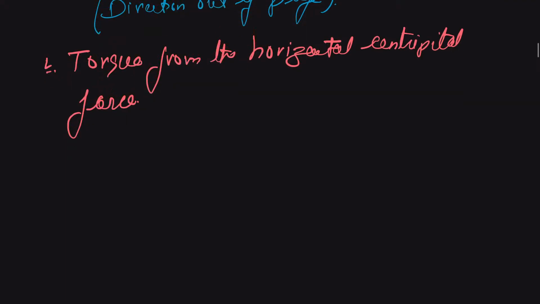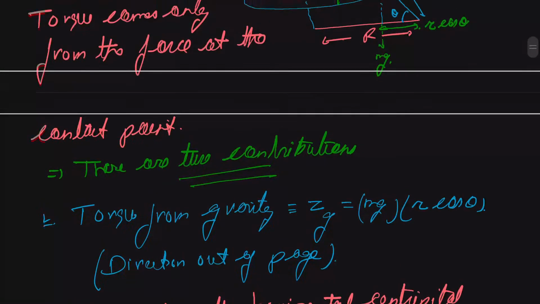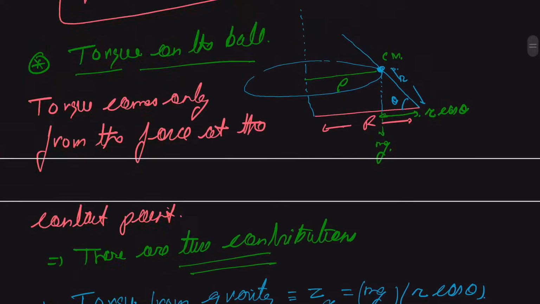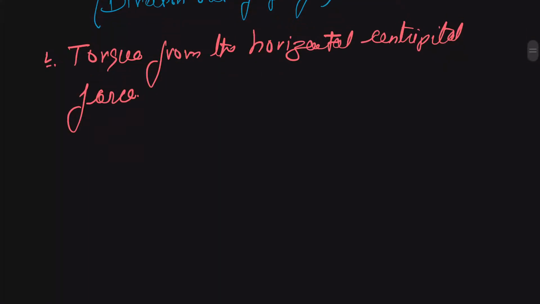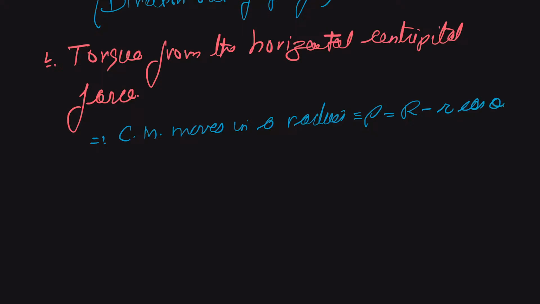And first of all, we are going to find out the radius of the center of mass. So radius center of mass we have assumed at rho, and this rho will be equal to R minus r cos of theta. So we can say that center of mass moves in a radius, and that radius is our rho, which equal to R minus small r cos of theta.